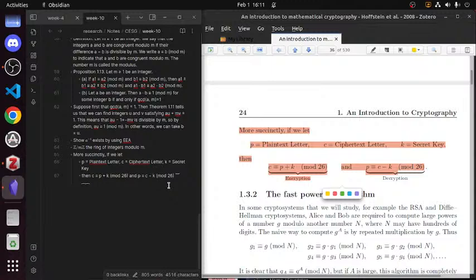And P is congruent to C minus K. And then good job, everybody.